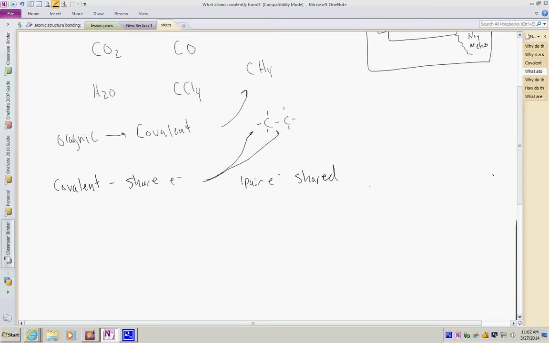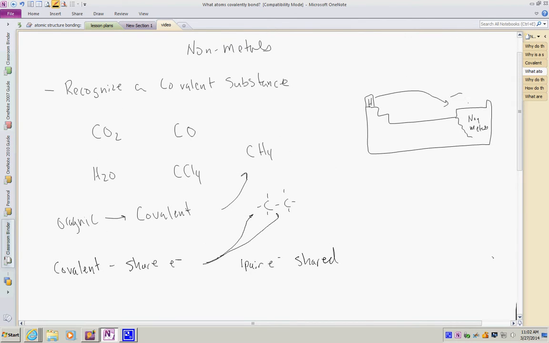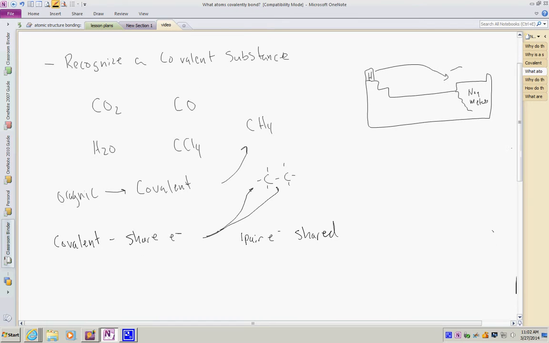So that's a covalent compound. Again, all nonmetals. You could pick out any of these and put them together, and you could at some point come up with something that would be covalent. Other examples might be nitrogen gas, N2, O2, F2. All those form covalent compounds.